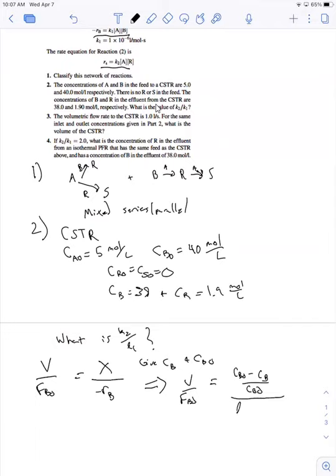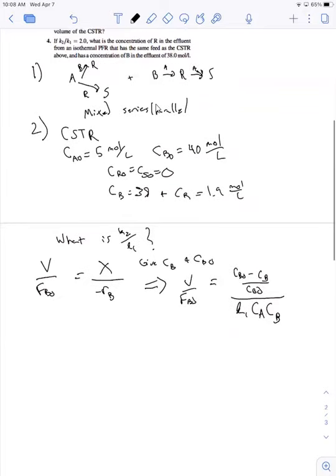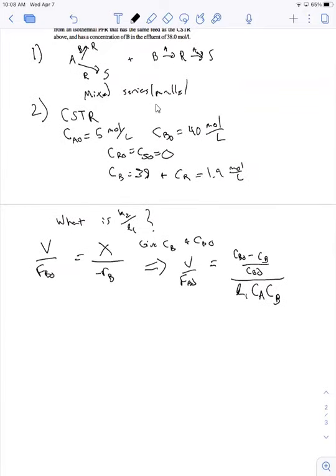And then the rate, the disappearance, is K1 times CA times CB. And so then we can further simplify this. We can bring the CB naught to the other side and multiply it. So we have CB naught times the volumetric flow rate, which is the molar flow rate of B, and CB naught minus CB equals K1 CA CB.